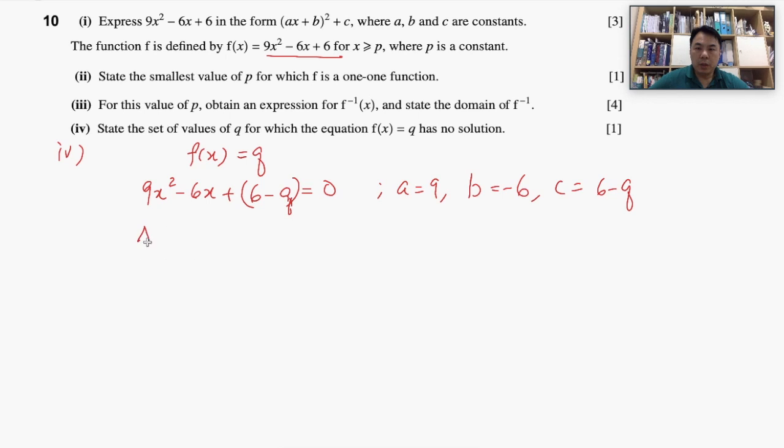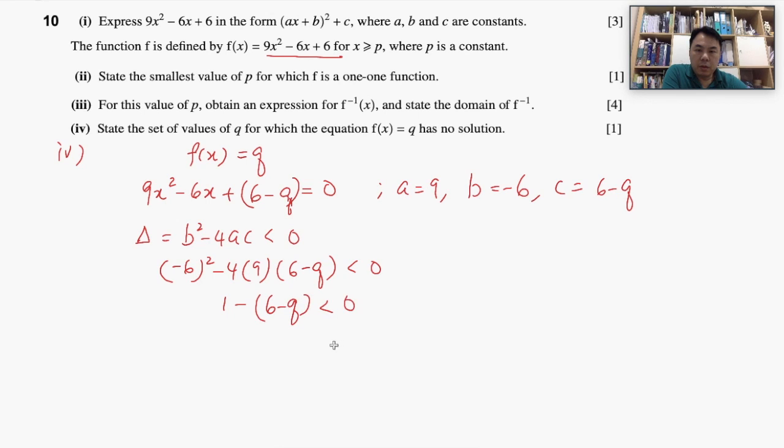And then knowing that no solutions means my discriminant must be less than 0, I'm going to put in here b squared minus 4ac less than 0. Okay. And then by simplification, you have less than 0 there. And then we have here -5 plus q less than 0.